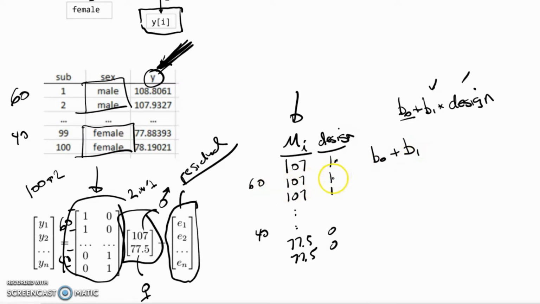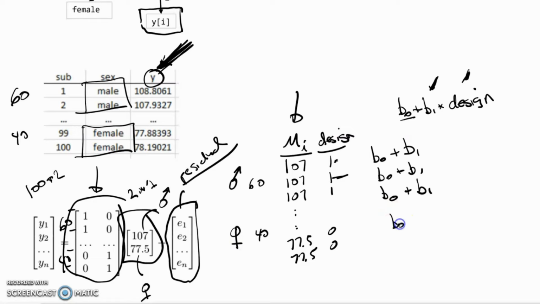Come down to the next row. You take B0, you add to it B1 multiplied by design. Design is 1, so you get B1, and so forth. So that's okay for the first 60, which correspond to the males. The last 40 correspond to the females.